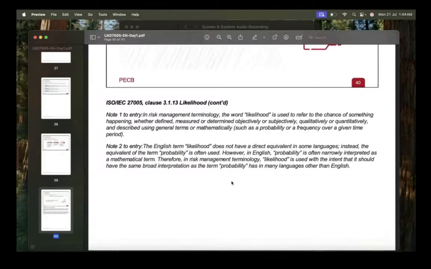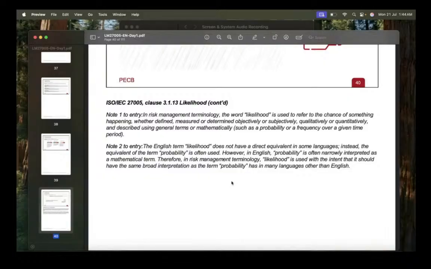There are two entries to this. Note 1 to entry says, in risk management terminology, the word likelihood is used to refer to the chance of something happening, defined, measured, or determined objectively or subjectively, qualitatively or quantitatively, like we've discussed for consequences previously.